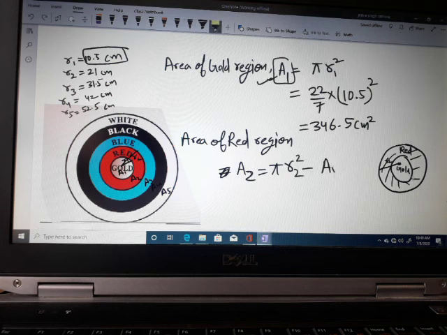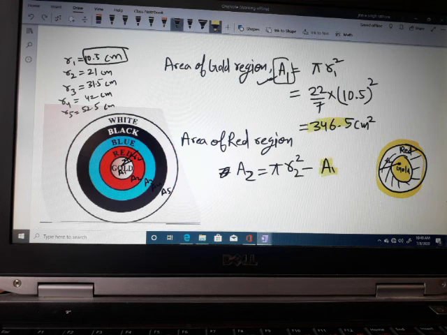You have to just subtract this gold region, this complete area, from this complete area. You have to subtract A1.